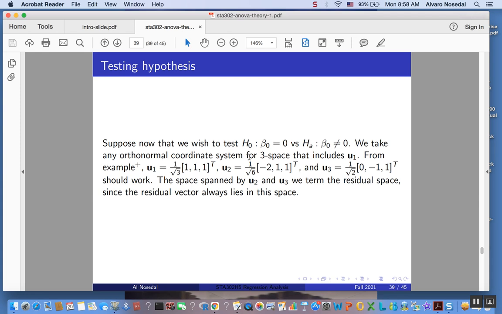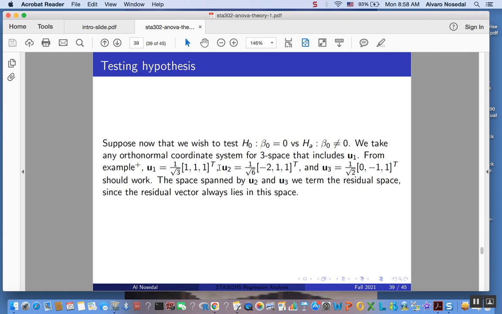Okay, so anyway, we know that if you're trying to express a vector that lives in R3 using an orthonormal basis, it's going to be very easy to find the weights, the coefficients of that decomposition. All you have to do is find the inner product between your vector y and u1, that gives you the first weight.